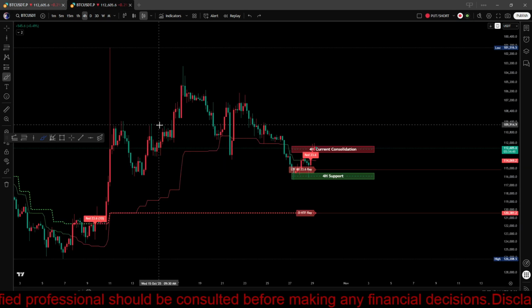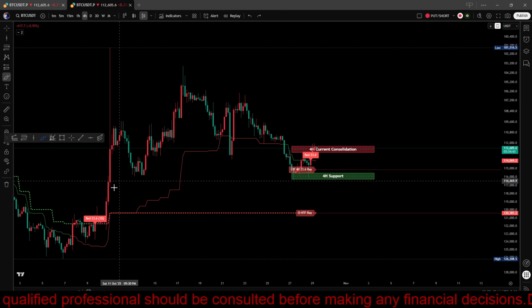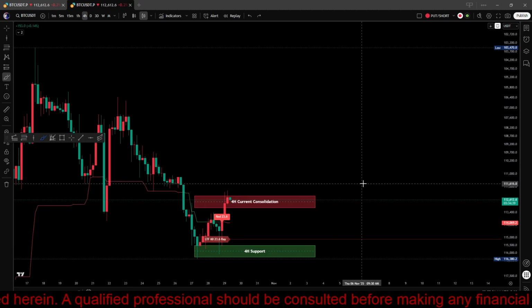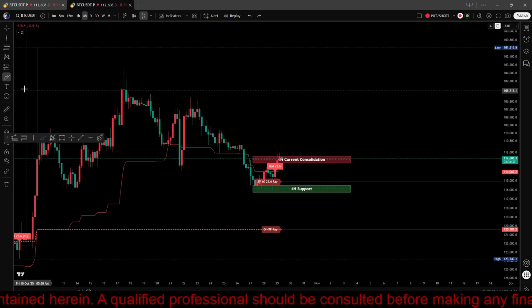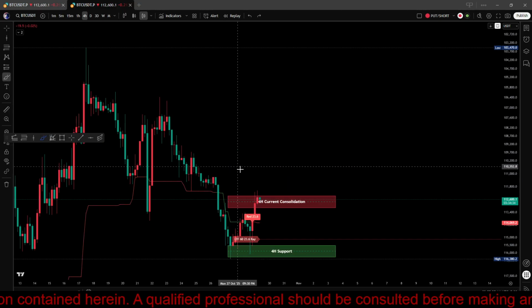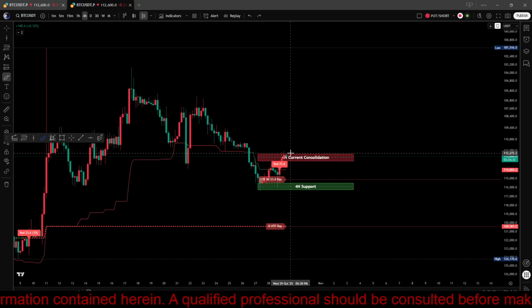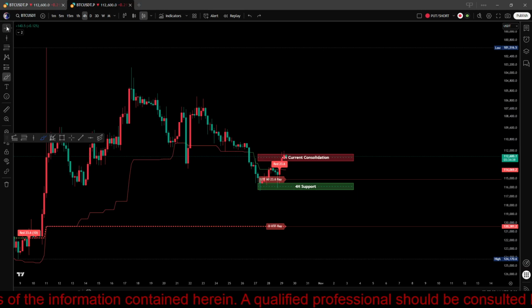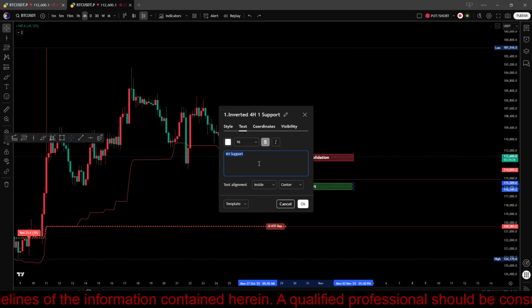So everything is inverted, candles inverted. Red is for downtrend. So right now the price is trading in between these two levels. This one is a consolidation zone, and this one is also a zone. Let me mark this as a zone.